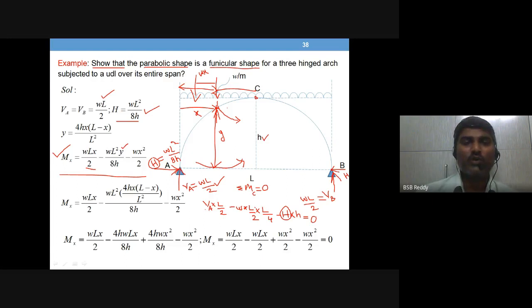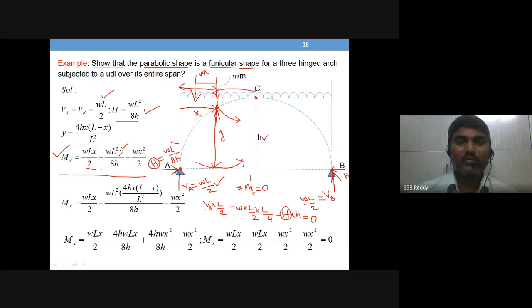So just for the check, let's substitute x is 0. What does it mean? Point A. So x is 0, the first term is 0. x is 0 means what is the y value? It is also 0. y is 0, x is 0, so total is 0. Mx is 0. Right. So that's how we can check the equation that you wrote with the boundary conditions.